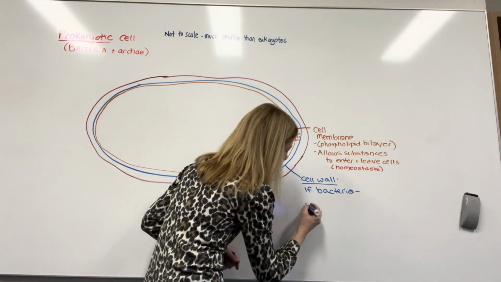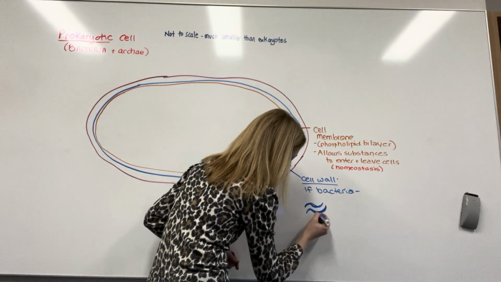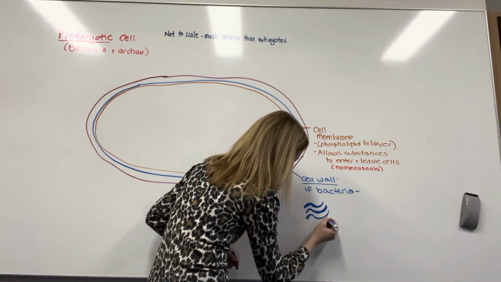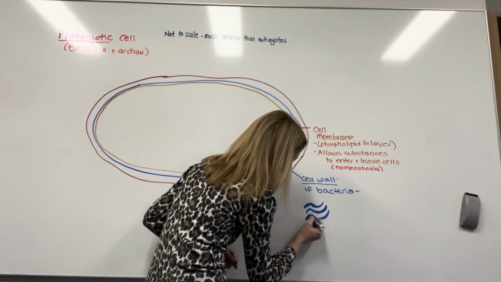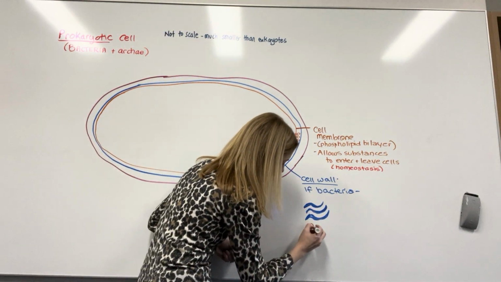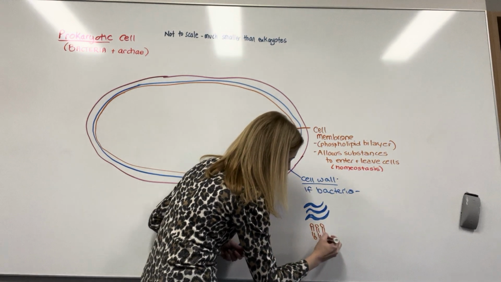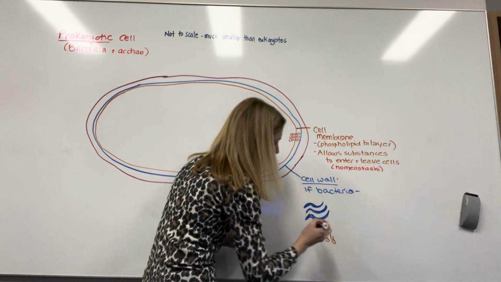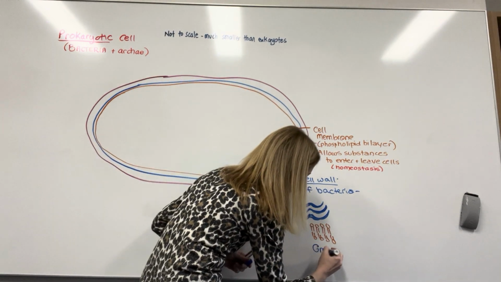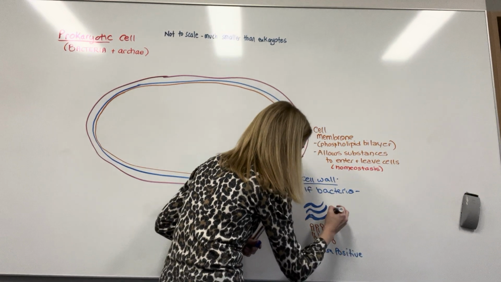In some cases, there'll be really thick layers of peptidoglycan on the outside. So here's my really, really thick peptidoglycan, sitting on top of the cell membrane, and here will be my cell membrane below. Bacteria that look like that, we're going to call gram-positive. This is a gram-positive bacteria because it has that thick outer layer of peptidoglycan.